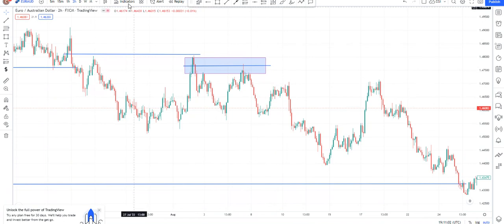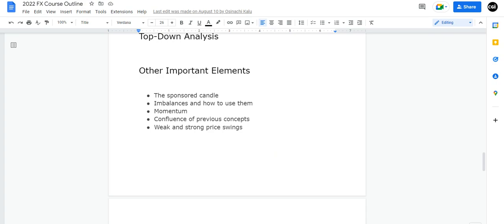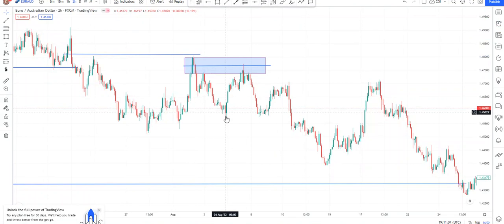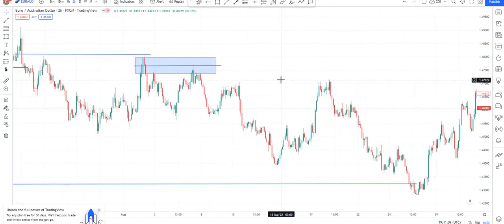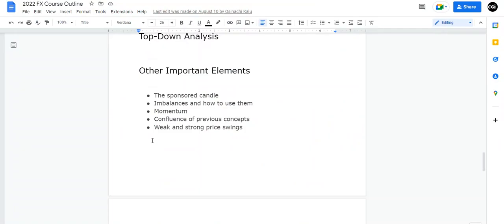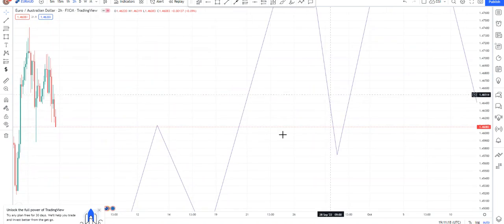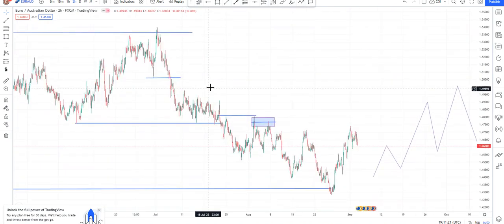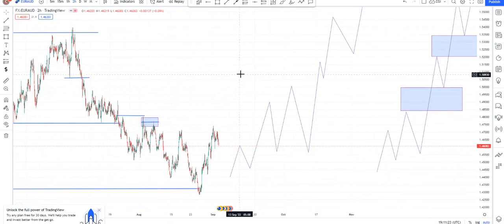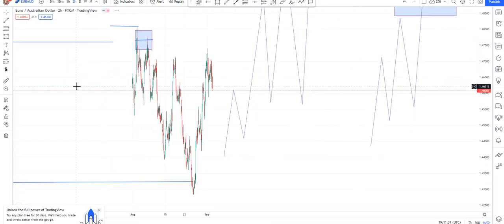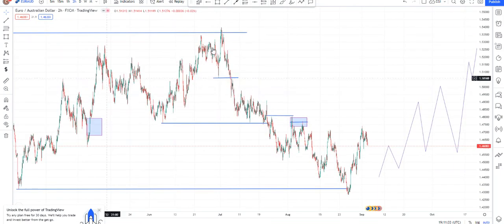All right, so now I want to look at weak and strong highs. Basically, what I will characterize as a weak high or a weak swing. So weak and strong price swings. A weak price swing is just the opposite of a strong price swing, because there was a time, some classes ago, that we spoke about what makes a proper break of market structure, that there will be a mitigation of an imbalance, or it is a swing high or low.